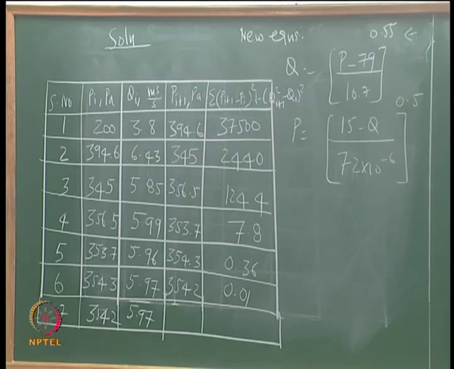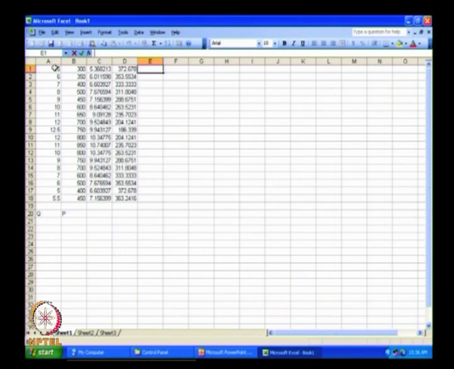From A1 I should be able to get the P, right? From A1 I should be able to get the Q. Tell me what A1 is.